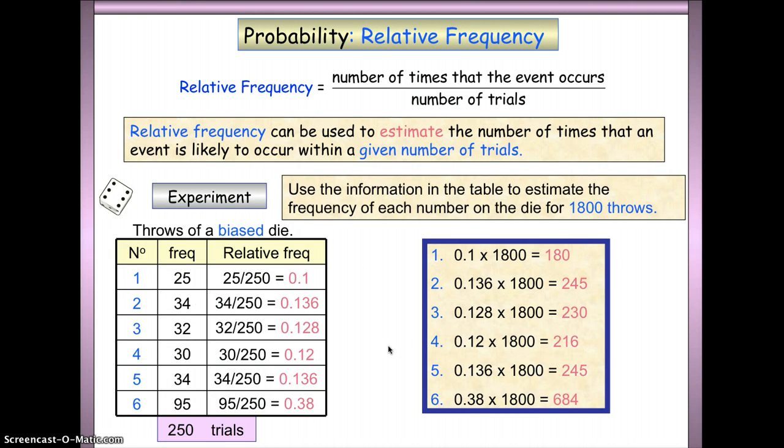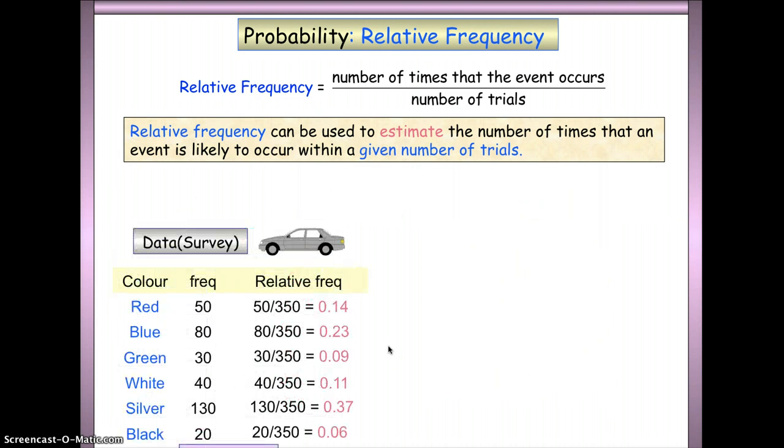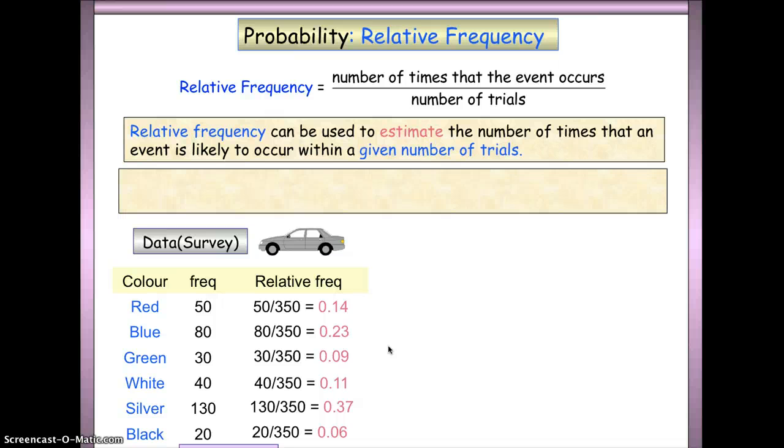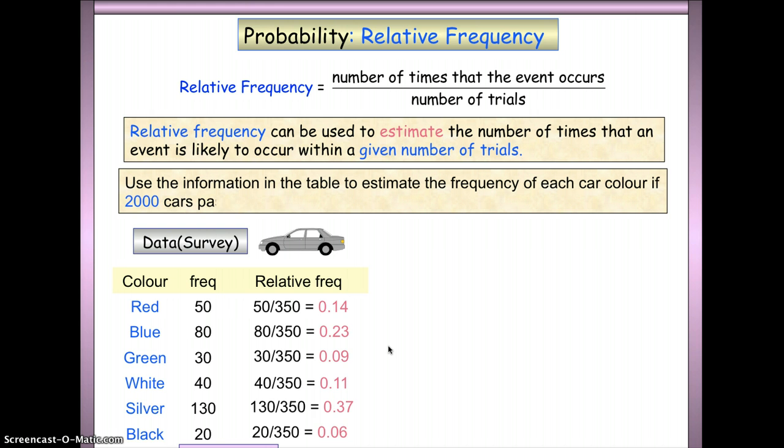Now, let's use the survey data for the color of the car. You do not have to stand all day after observing 350 cars passing by. You can make an assumption or a calculated guess. When you have 2,000 cars, how many do you think will be red?